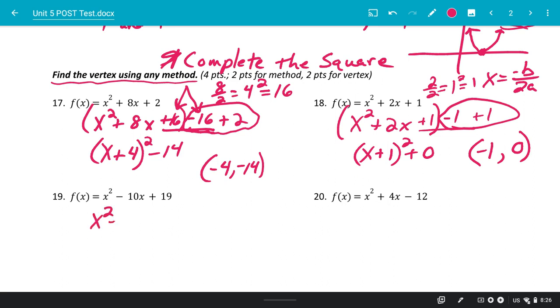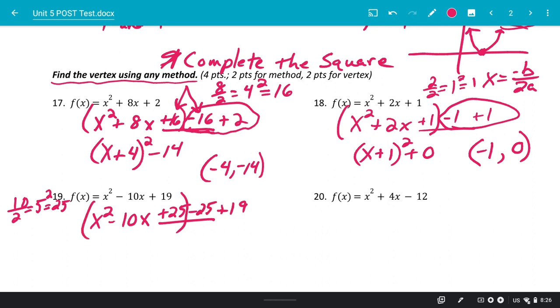Again, completing the square, x minus 10x space plus 19. Okay, so I got 10 divided by 2 is 5. 5 squared is 25. So I have to add 25, subtract 25.